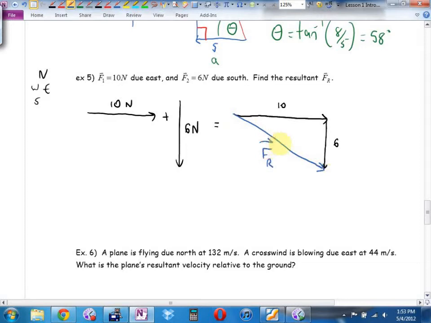Here's my force resultant. How can I find the magnitude? Hey, that's a lovely right angle. This is like a job for Pythagoras. Find the magnitude on your own, please.